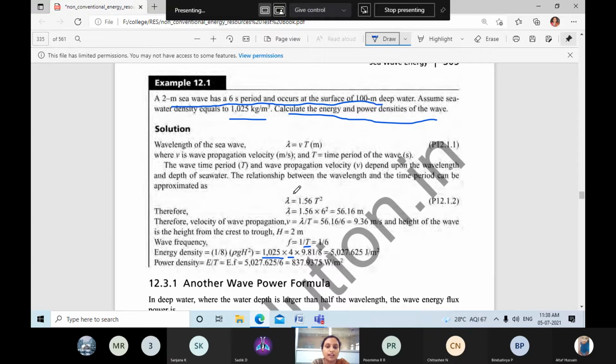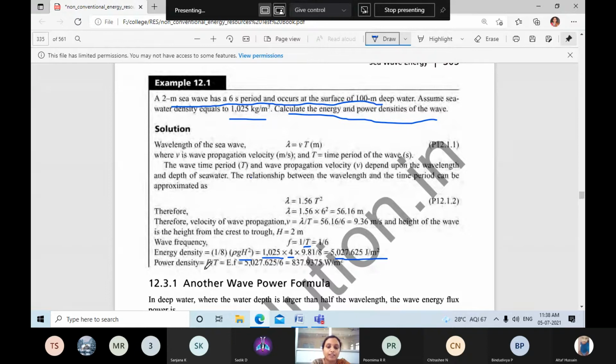That is from g into h square: g value is 9.81 and h is 2 meter, and 2 square gives 4. Divided by 8, we get 5027.625 joules per meter square. That is the energy density using the formula 1 by 8 into rho g h square.